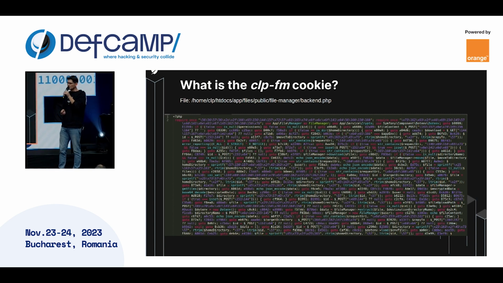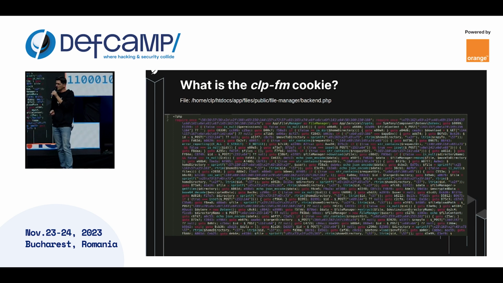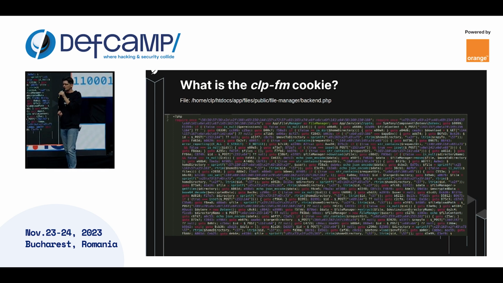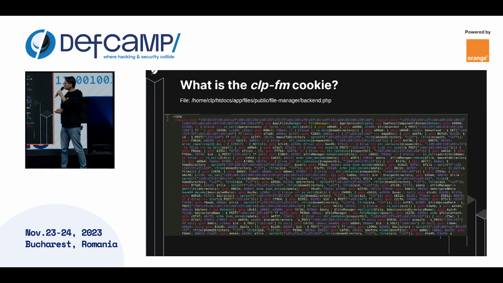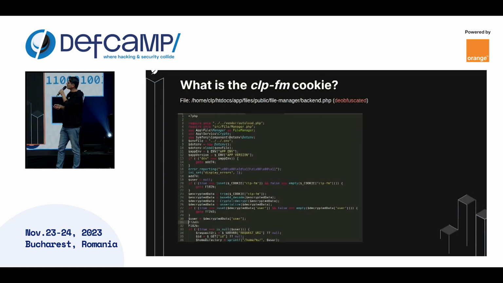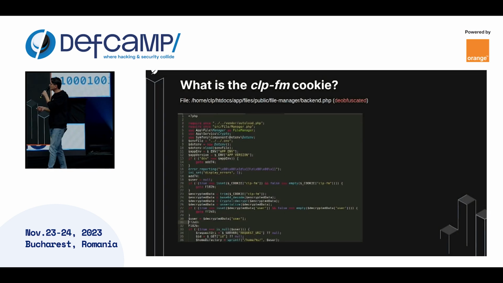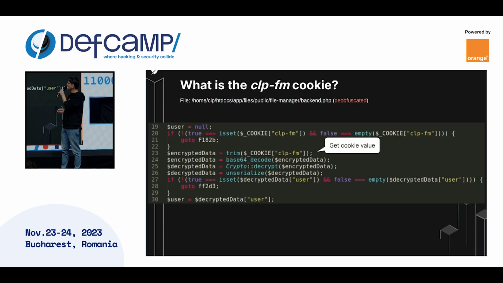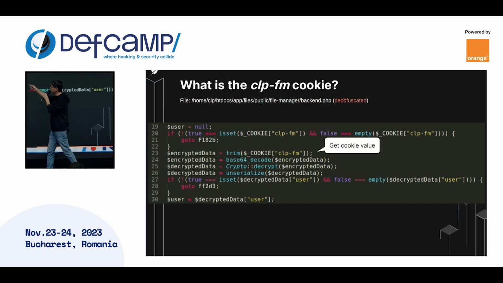If we look at the source code of the PHP application, it looks like this. By default, it is obfuscated, and I don't think any security researcher would be willing to do source code review on this type of code. But after we deobfuscate the code, it looks a little bit clearer. Let's take a look at these lines of code from the backend file.